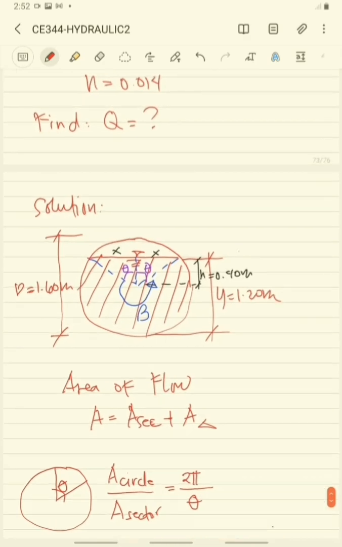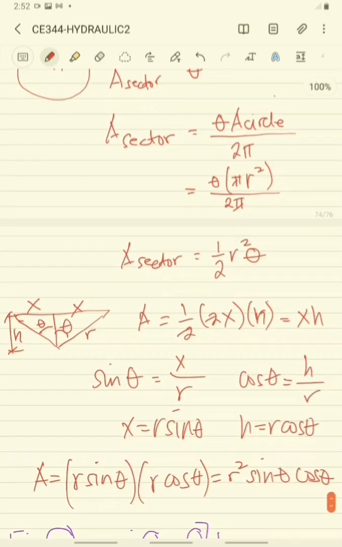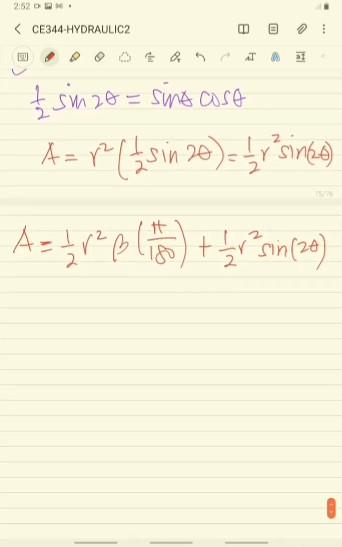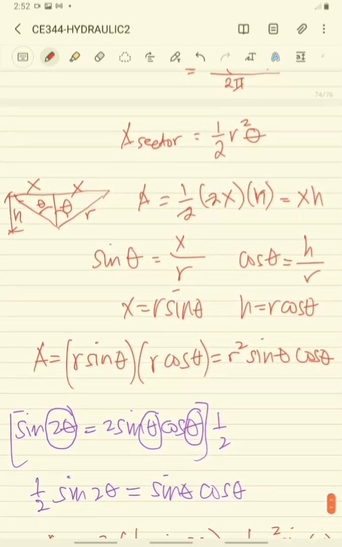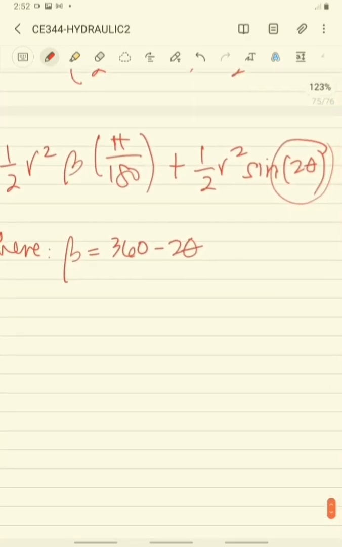From the figure, beta is equal to 360 minus 2 theta, where 2 theta is the angle of our triangle.